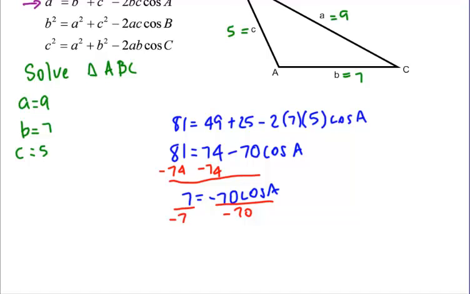And when you do this, we can look at the arc cosine of negative 7 over 70, and that will give us our value for A. So punch that into your calculator. Make sure you're in degree mode. And you should get, for angle A, 95.7 degrees. And again, we want to go 3 decimal places, so 95.739.